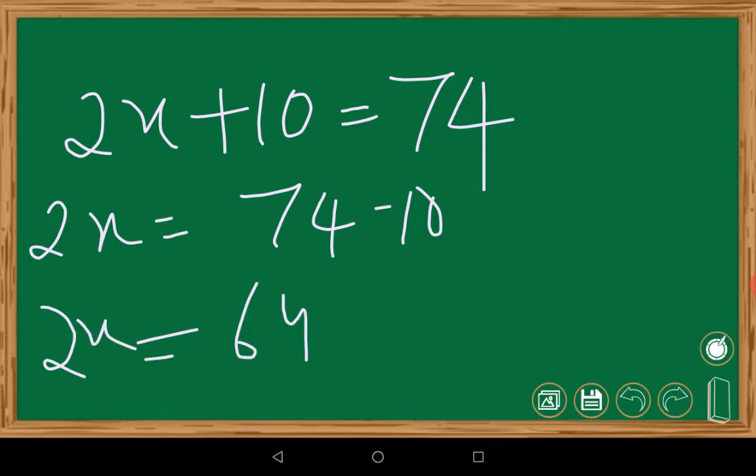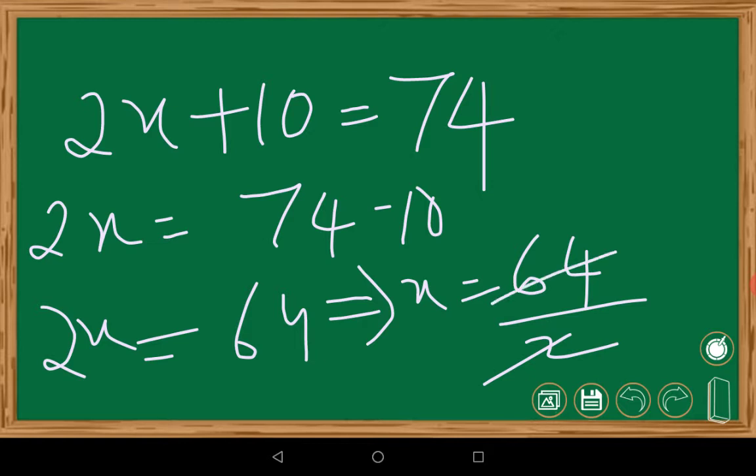Then x is equal to 64 by 2. 2 threes are 6 and 2 twos are 4. So x is equal to 32.